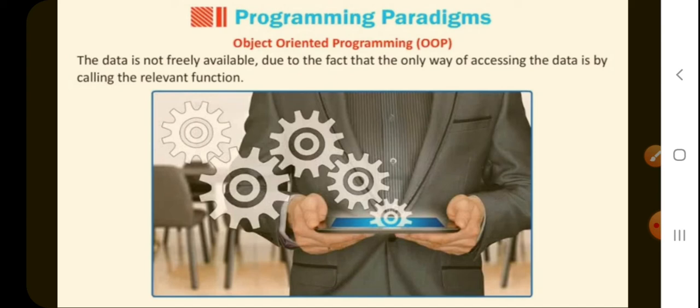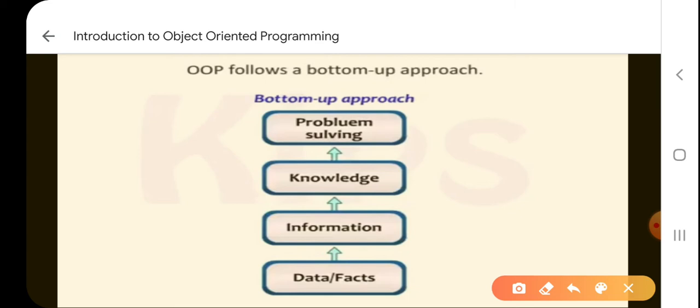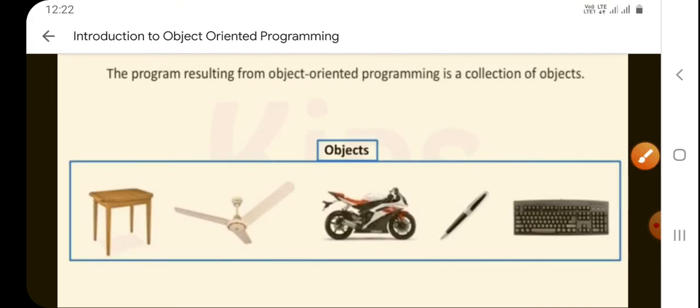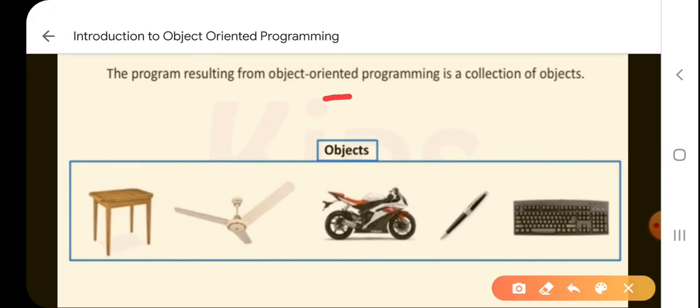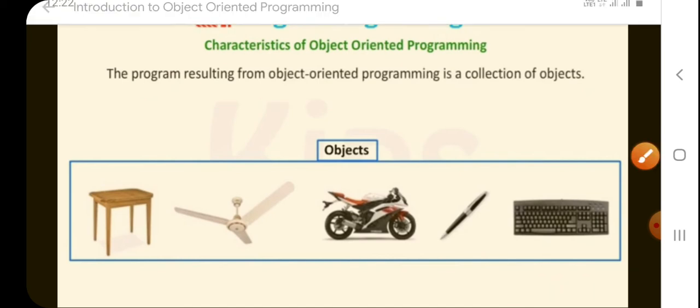Okay, now let's talk about the characteristics of object oriented programming. Object oriented programming, as you know, follows a bottom up approach. We have already discussed this. Next, the program resulting from object oriented programming is a collection of objects, because we start by defining the objects only.